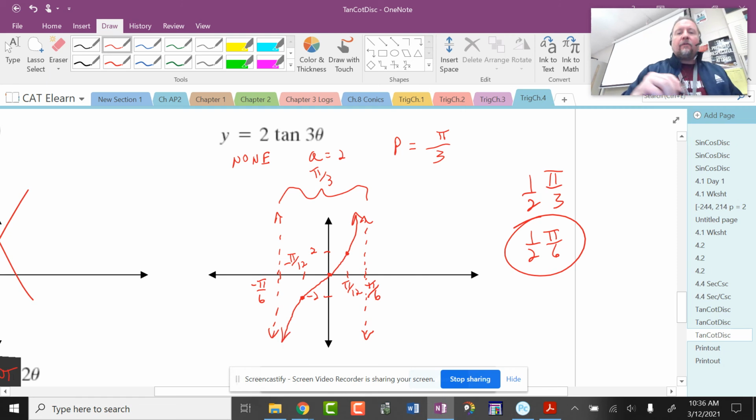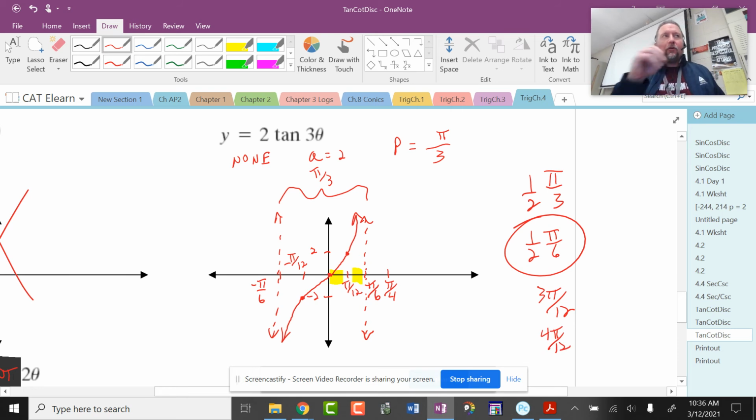And then there it is. There's 1. What if I had to do 2 periods? Well, this is what I would do. 1 pi over 12. 2 pi over 12. Is that 2 pi over 12? Yes, it is. 3 pi over 12. What's that? Pi over 4. 4 pi over 12.